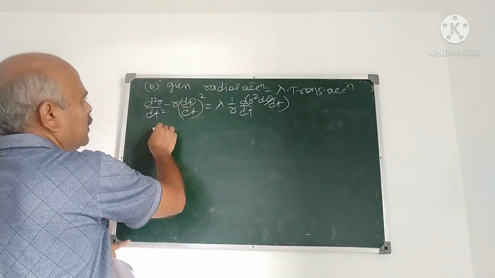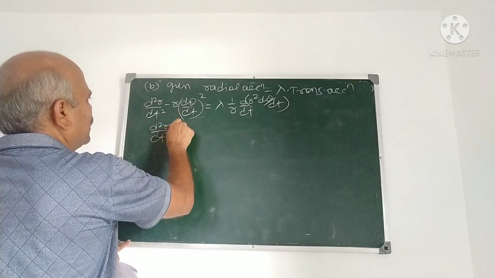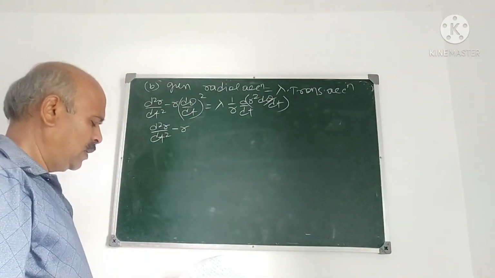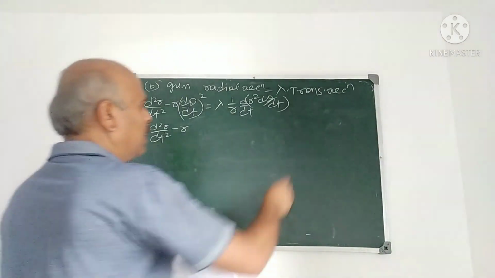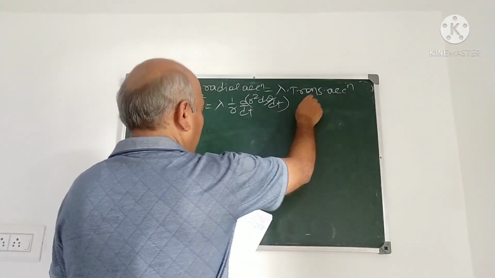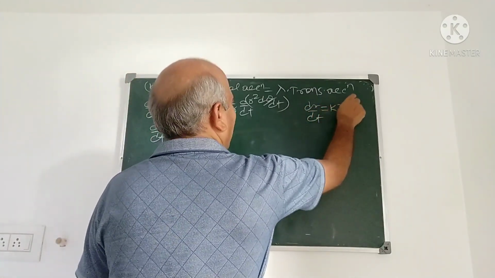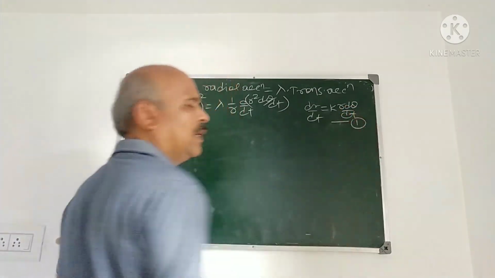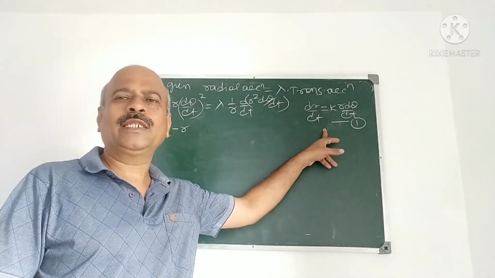Now to find that, d2r by dt square minus r, what is d theta by dt? Also we are given dr by dt is equal to k r d theta by dt. Let us take this as condition 1, because the first condition is also there. Condition A is also there.